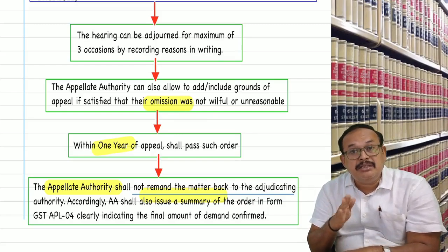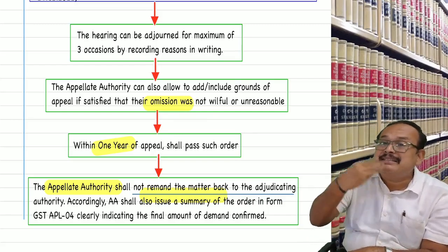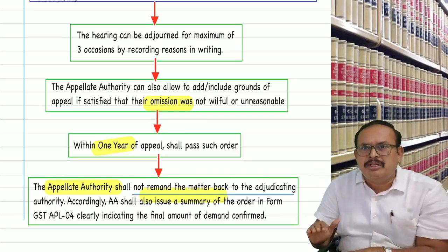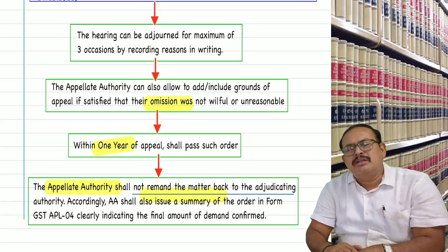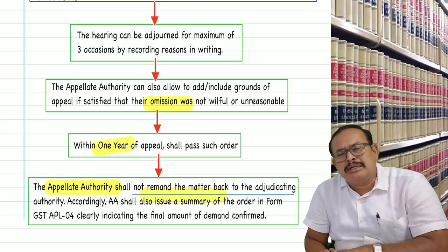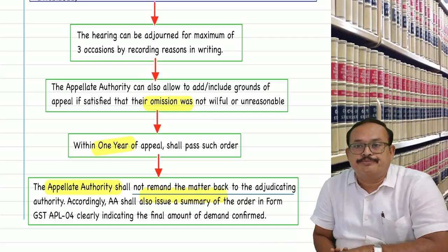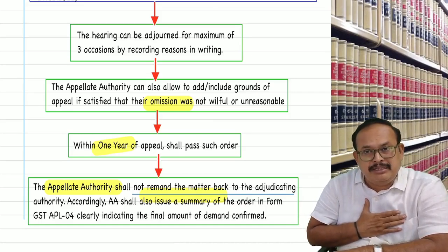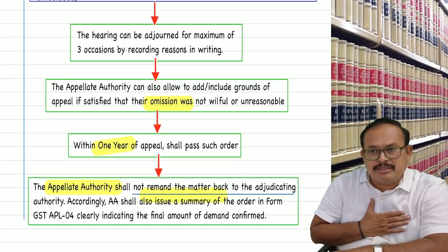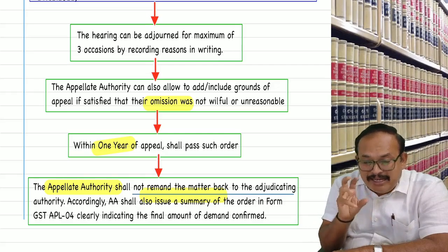For that, the appeal authority should not send the case back to the superintendent saying, take this case file back and send one more order for the balance amount of 10 lakhs. Should not do so.